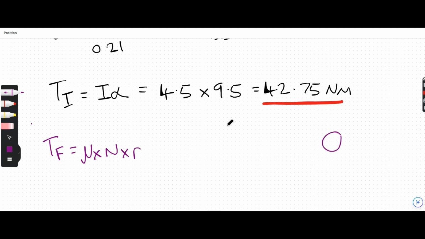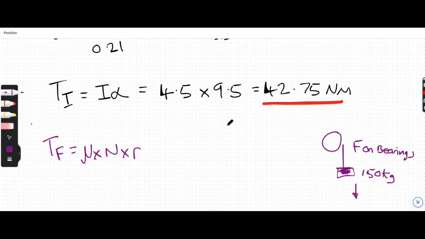Because there's my flywheel, here's the load, which is 150 kilograms, which has got a weight going down like that. That's going to be the force on the bearings, because there's bearings making this thing move.